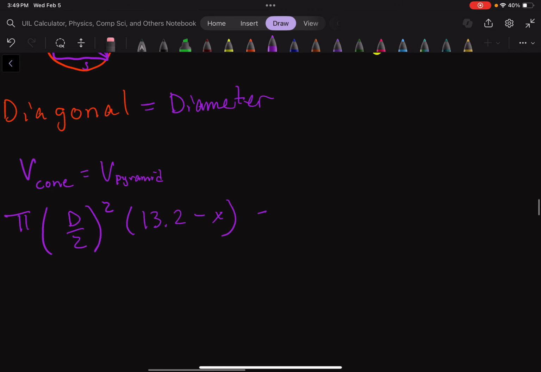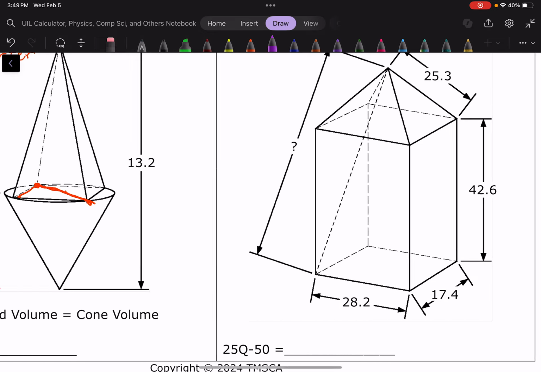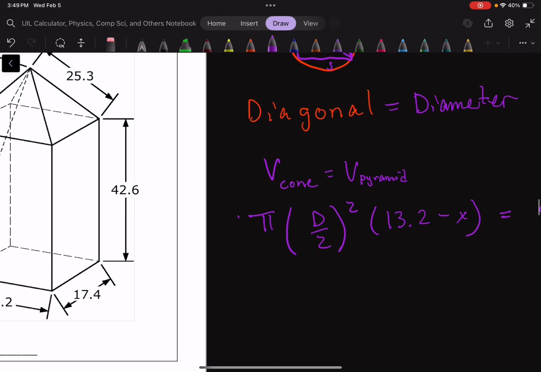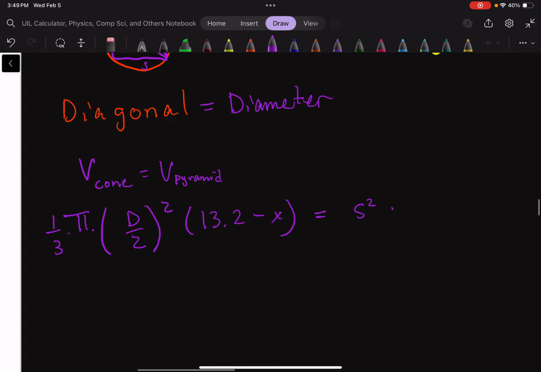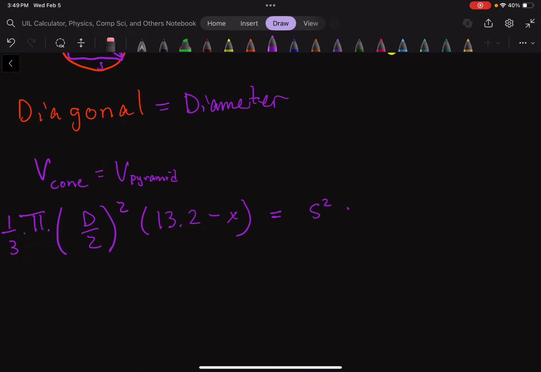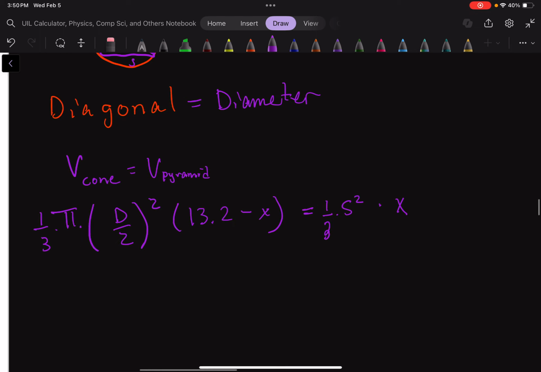Now the volume of the pyramid is going to be the side squared times the height, and there's technically a 1/3. I apologize, I forgot 1/3. I wrote 1/2. It's 1/3. And so there's a 1/3 side squared times the height, which we are calling x.